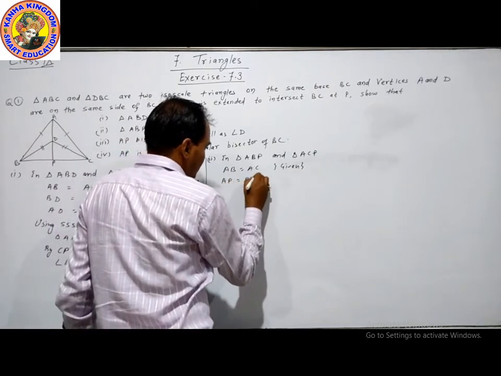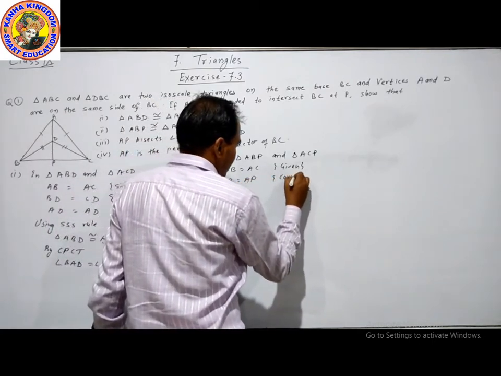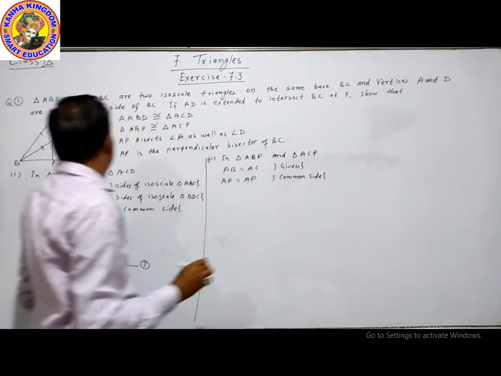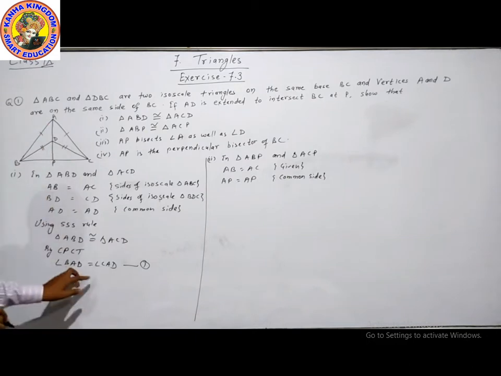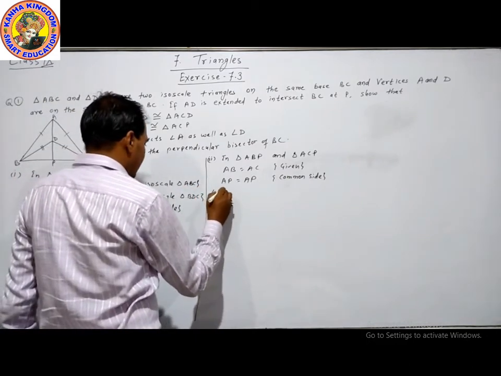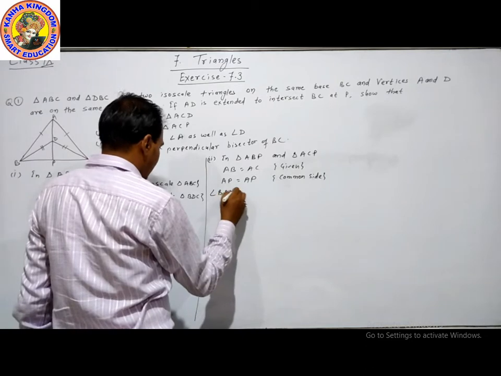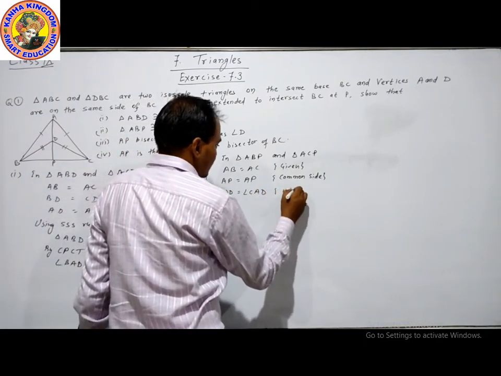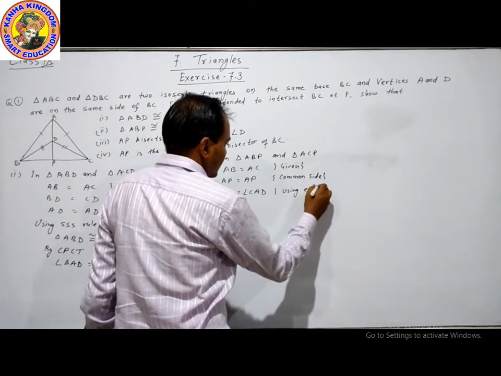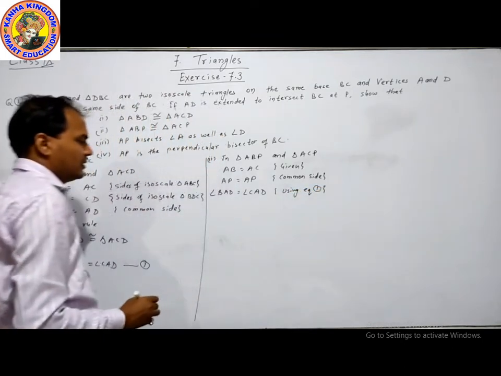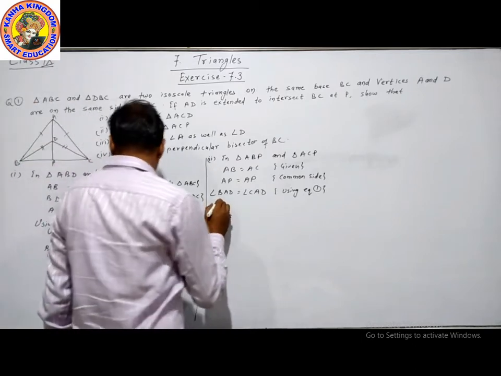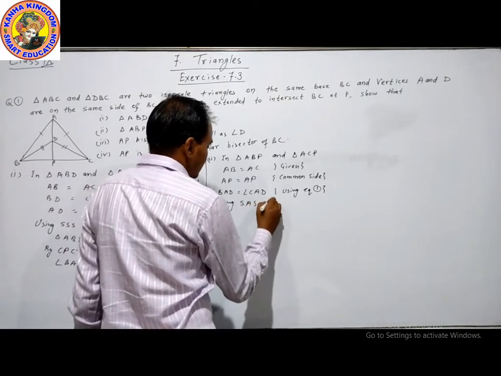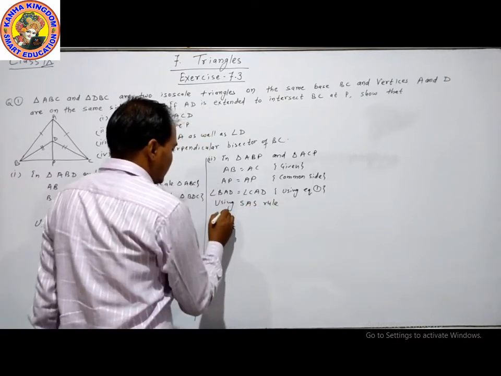AP is equal to AP, common side. And angle A and angle A is equal, angle BAD is equal to angle CAD, using equation 1. Using the SAS rule, these triangles are congruent.